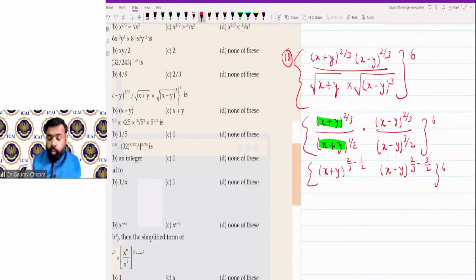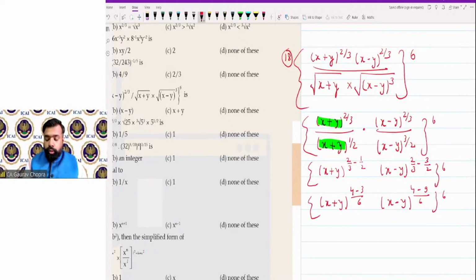It will become x plus y to the power of 4 minus 3 upon 6. Similarly, here also take the LCM 6. It will become 4 minus 9.